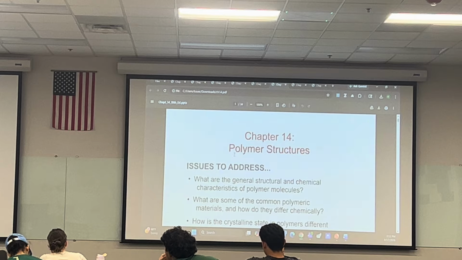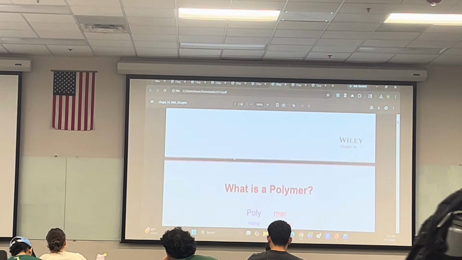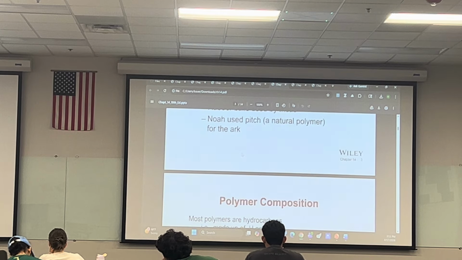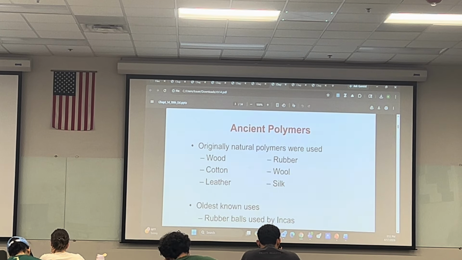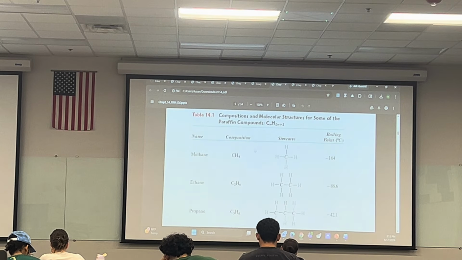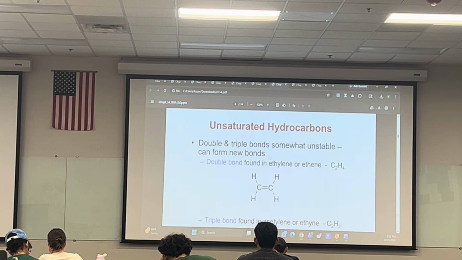The next is about polymers. First we introduce the polymers, a little bit of background. You don't have to know these different structures, don't worry about that.